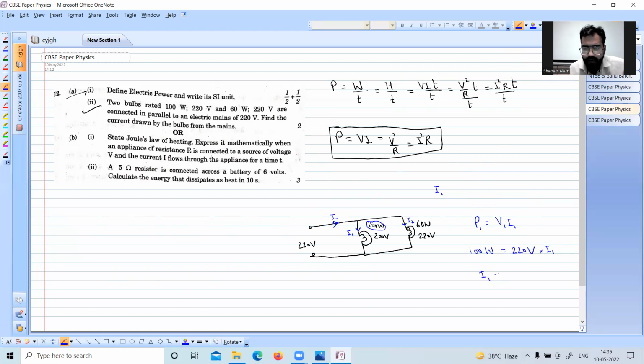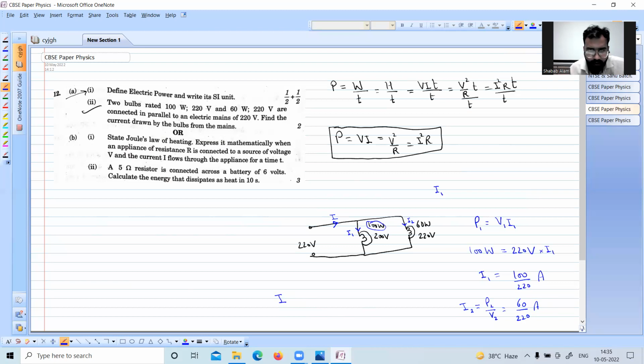So we will get the value of I1 as 100 upon 220 ampere. The second part, I2: I'm directly writing that it is P2 upon V2, which will be 60 upon 220 ampere. This is the value of I2.